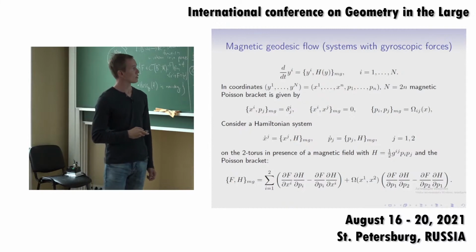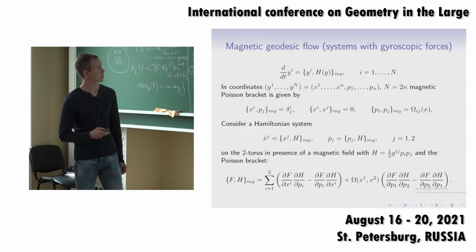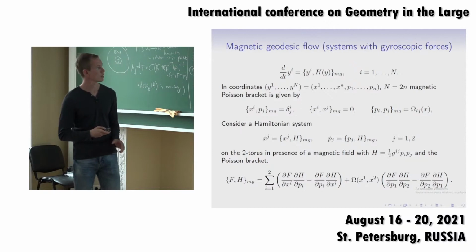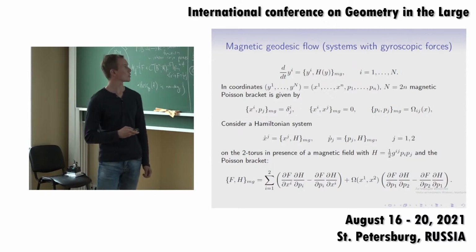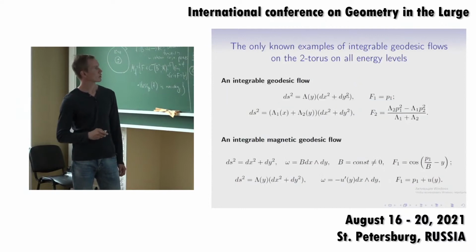And in this case, the problem is: given a surface, we want to find such a pair of magnetic field and Riemannian metric such that its magnetic geodesic flow is integrable. For brevity, I will describe only the two-dimensional torus.